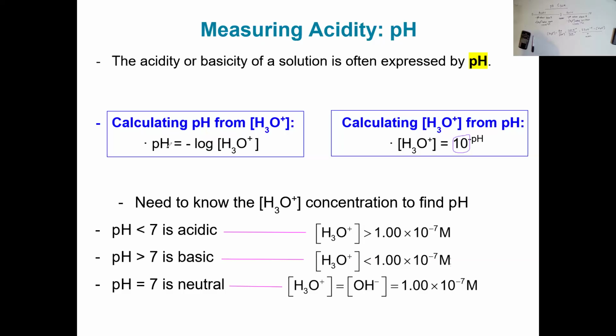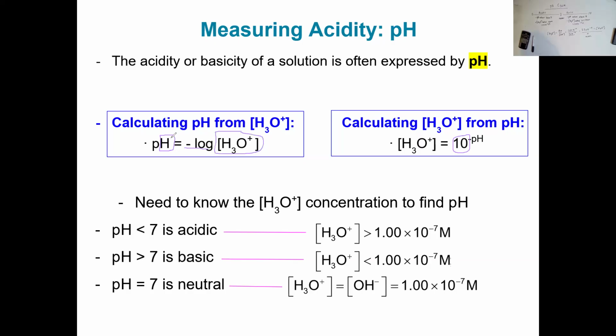Remember how I said we use the hydrogen ion and the H3O plus, and we kind of use them interchangeably? When we find the pH of something, that little p stands for the negative log. And what we're taking the negative log of is our hydrogen ion concentration, which is this part here. So we're taking the negative log of our hydrogen ion concentration.